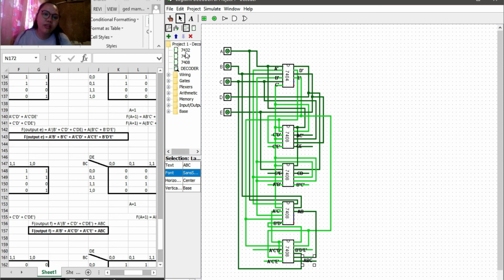Now all we need to do is connect these wires to our 7432 IC, the OR gates.